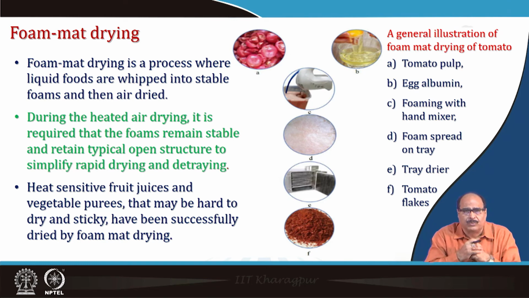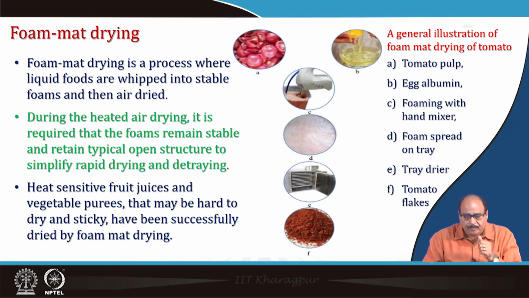Heat sensitive fruit juices and vegetable purees that may be hard to dry, and sticky material, have been successfully dried using foam mat drying. Even in our laboratory we have dried tomato juice using foam mat drying technology and converted it into powder.